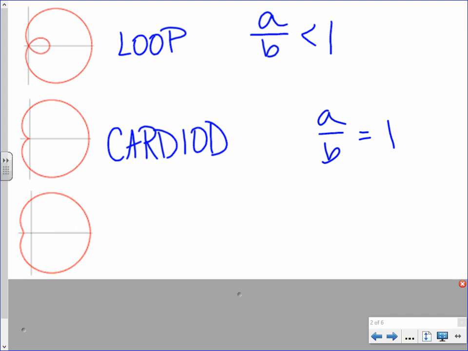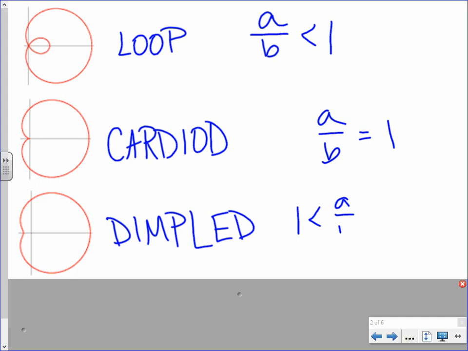That's what I think of every time. All right, a dimpled limaçon happens when A divided by B is strictly between 1 and 2.